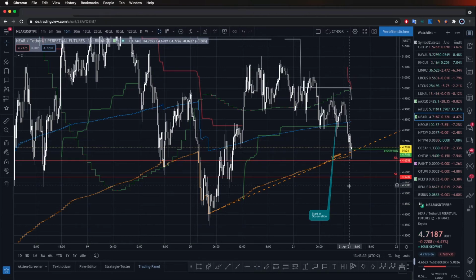I can now decide between these two, and my feeling is, especially when I see this nice wick over here and how this candle evolves now, 1 minute to go, maybe I would start with a stop loss here just to give it a little bit more room for this moment, but then very fast adjust it to this position.